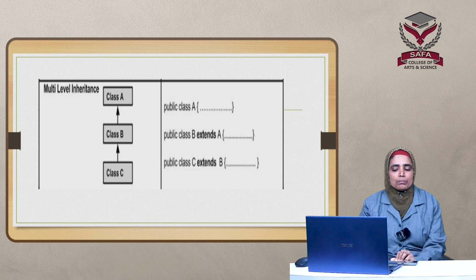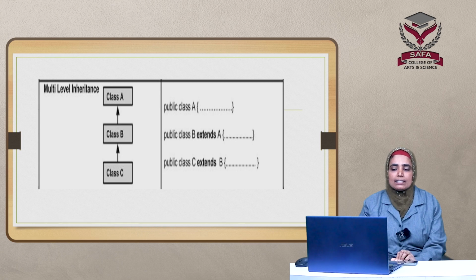Class A, Class B and Class C. Here, Class A is the base class of Class B. Class B can access the properties of Class A. And Class C is the derived class of Class B. Class C can access the properties of Class B. Class B is base class as well as derived class. This is called multi-level inheritance.